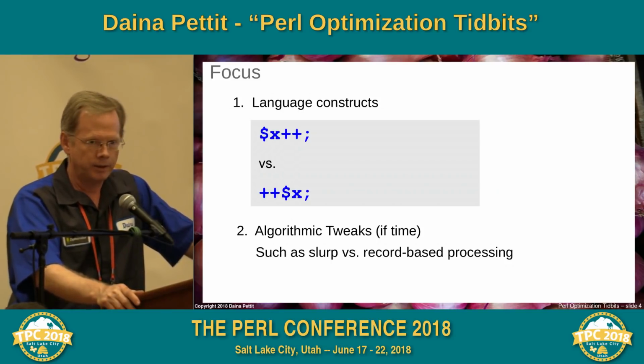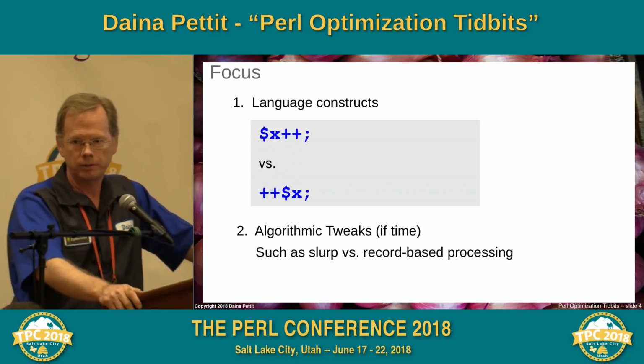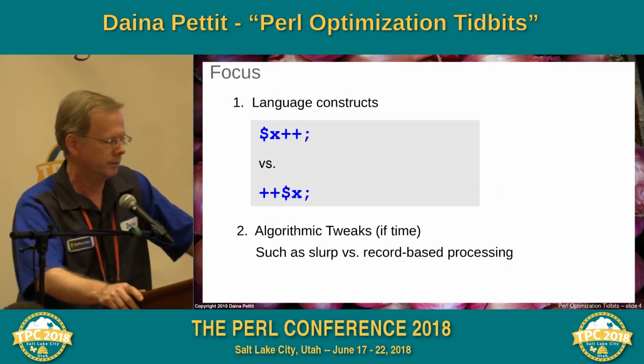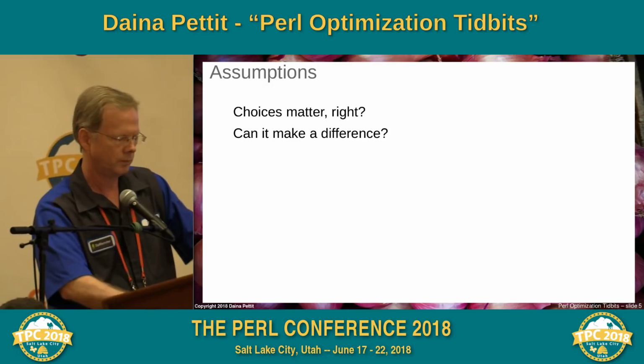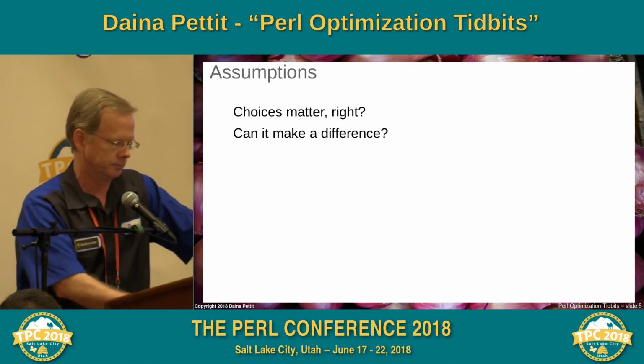We'll talk about a few algorithmic tweaks, which tend to have a bigger performance gain or loss, but we're not going to focus on that. So the assumption here is that choices matter, and it might actually make a difference.